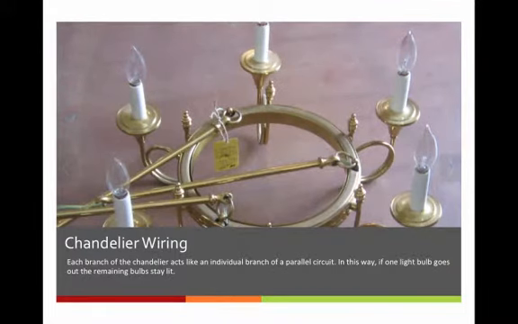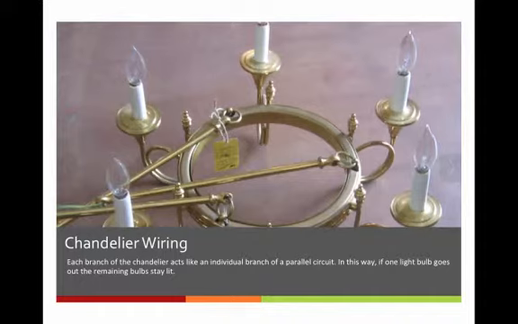One of the things about chandelier lighting, from our discussion on parallel and series circuits, is that it is not going to be wired in series. If it was in series, then if one bulb burned out, especially if it's incandescent, it would cause the whole circuit to go dead, and all of the lights would go out.